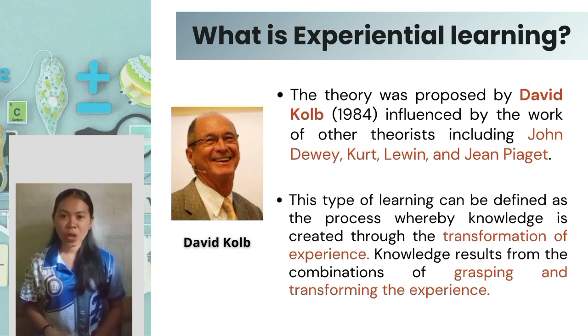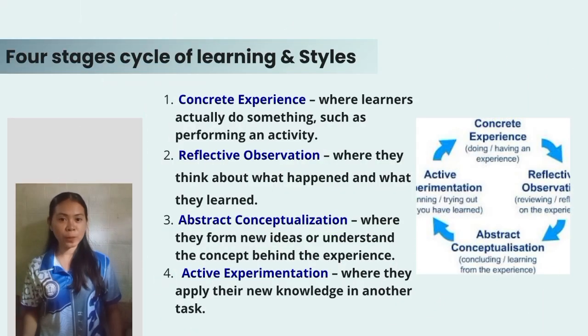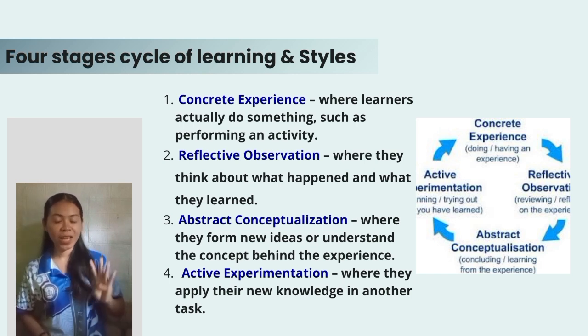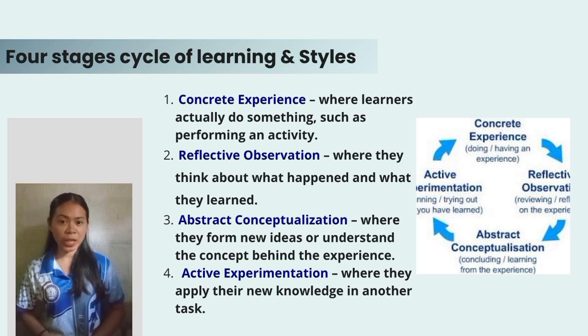In simple terms, we learn best when we directly experience something, reflect on it, and then apply what we learned in new situations. Kolb explained that learning is a continuous cycle with 4 stages. First, we have the concrete experience, where learners actually do something such as performing an activity.